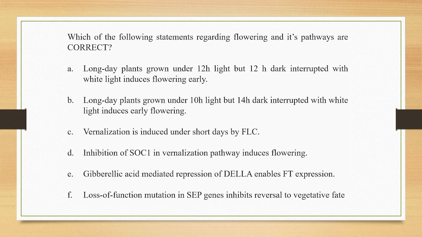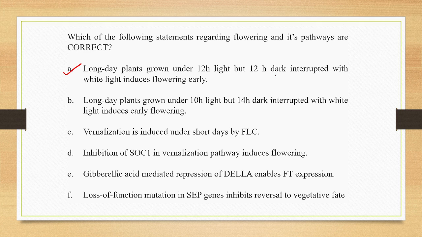Okay, so the first option is long day plants grown under 12 hours light but 12 hours dark is interrupted with white light induces early flowering. So, this is a correct statement. Why? Because long day plants flower when exposed to longer periods of light, that we all know, and interrupting the dark phase with white light stimulates extended daylight, so it will promote early flowering.